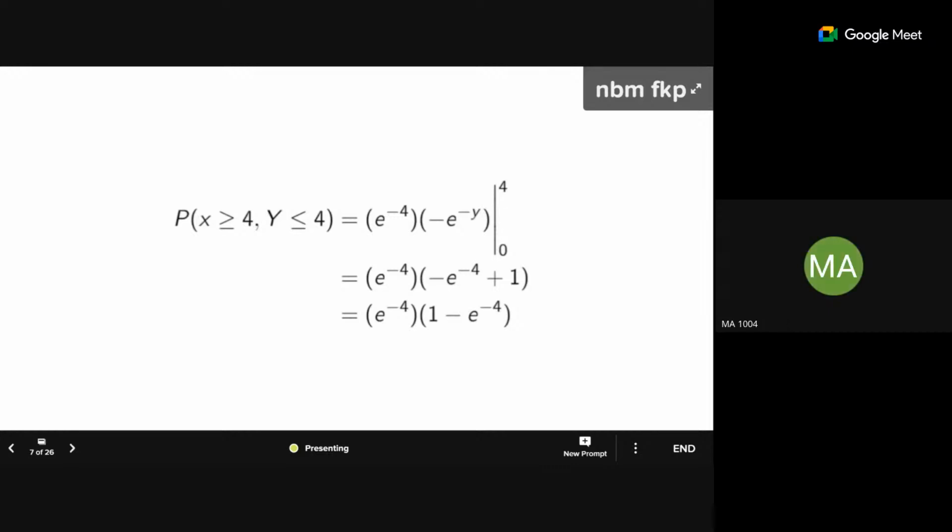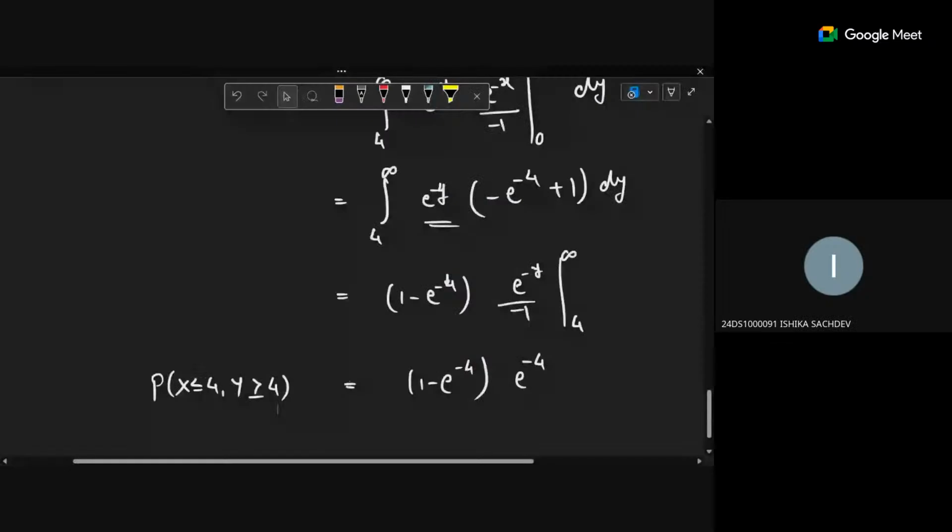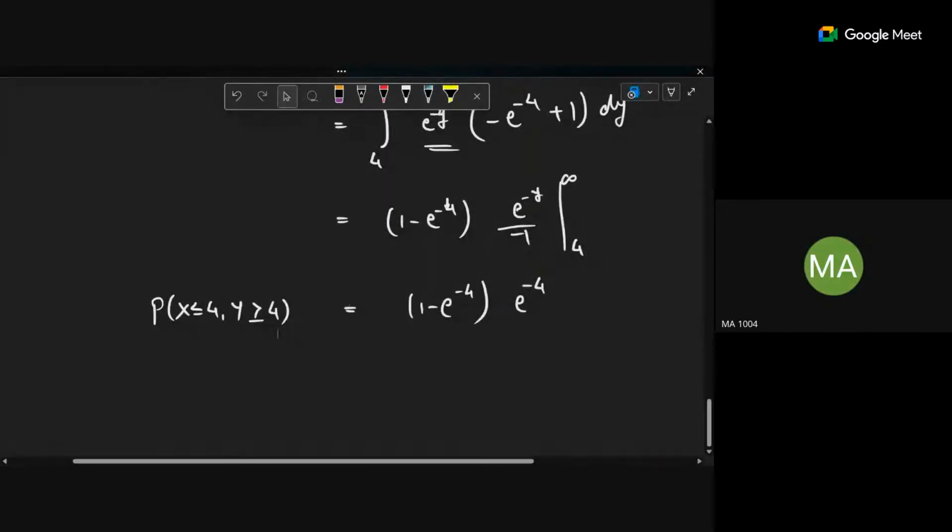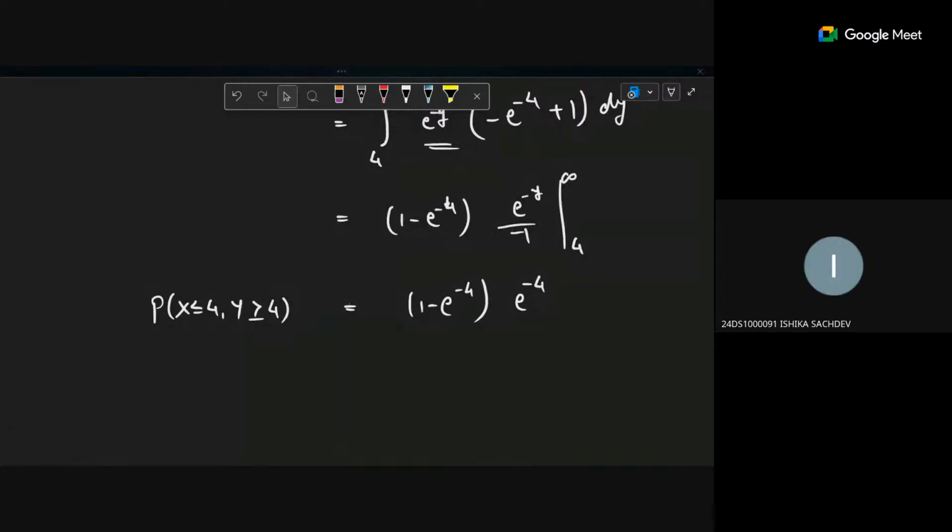So just recheck your answer, where did you get the difference? I don't think so. Okay, ma'am, I'll check. I just wrote e to the power minus y minus 4 there, because I thought for the first it is e to the power 4 outside. No, it was minus 4 only. Okay, no problem, ma'am. We can proceed. Thank you.